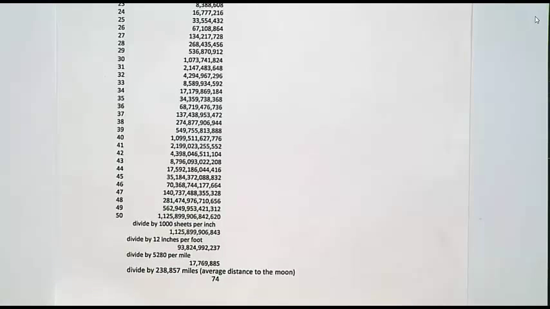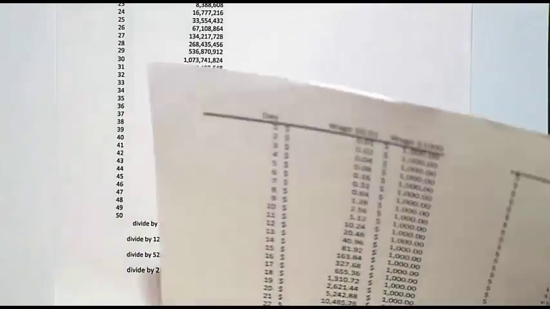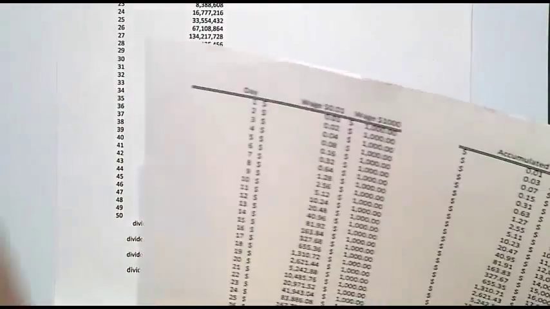Now we could also do this with a little fun example, and that is what would happen if you had the opportunity to take a salary of, let's just say, $1,000 per day for 1 month, guaranteed $1,000 a day for 1 month.